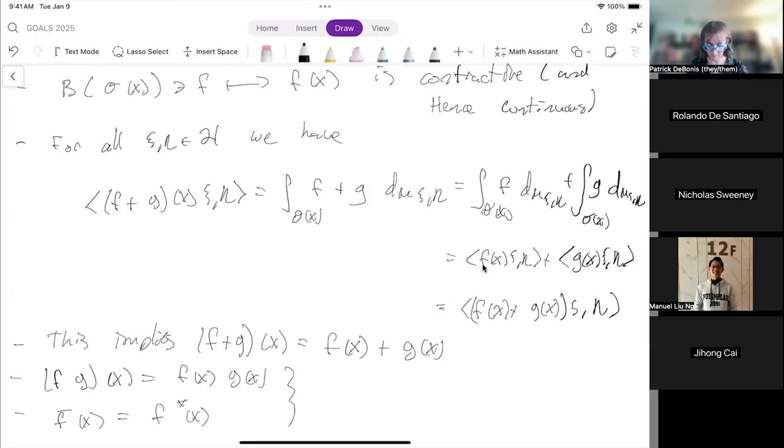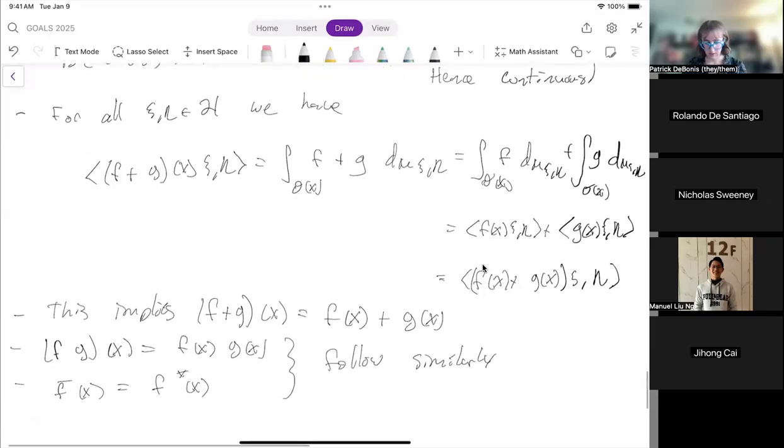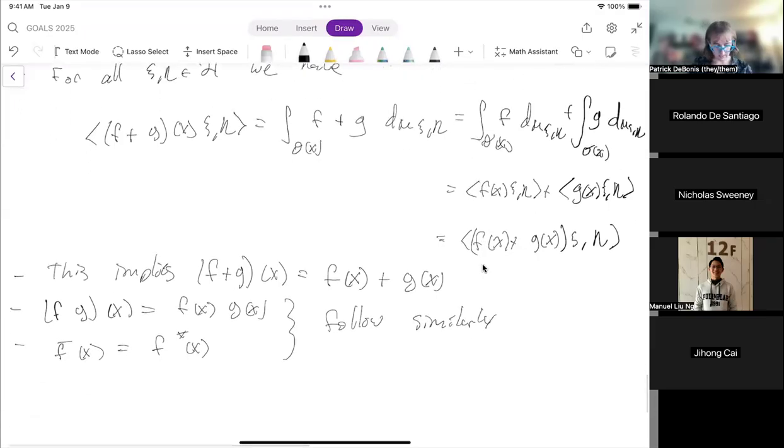So these two. And what that tells us is that this map from the function to the operator is a contractive star homomorphism.